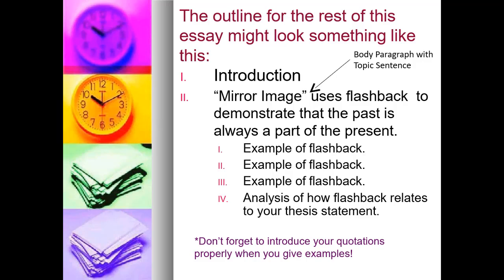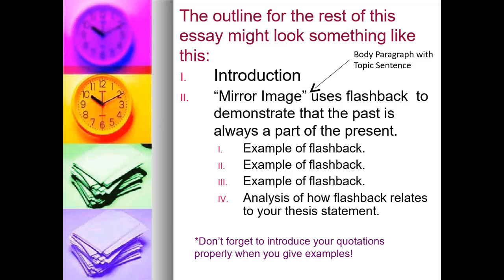So here's an example. Topic sentence. Mirror Image uses flashback to demonstrate that the past is always a part of the present. Then we're going to want to give 2 to 3 examples from the story, and we are going to integrate them with a signal phrase, and then give our citation, and then explain why we chose that quote.